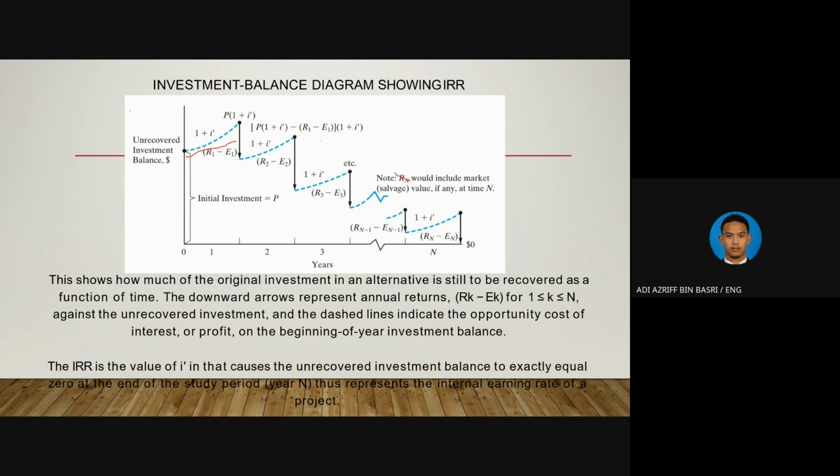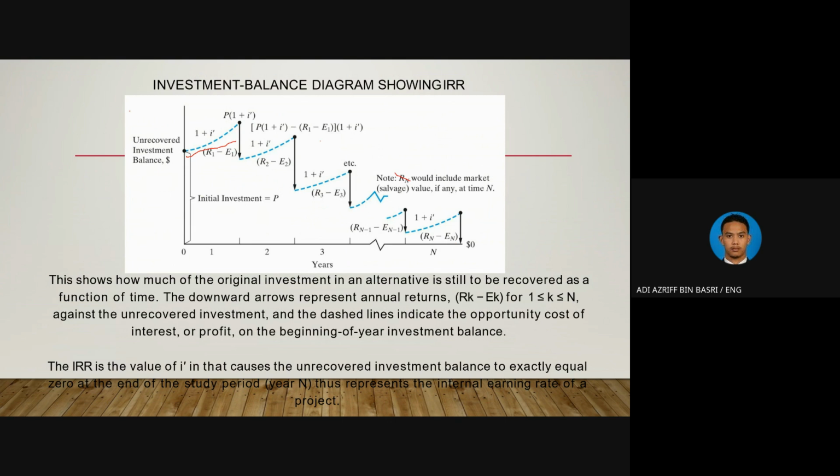Until one moment, we notice that it is reduced by the downward arrows, which represent the annual return, then it keeps on increasing, and at the end there is the salvage market value. So this is the initial investment, and throughout the years, the unrecovered investment starts to be reduced.